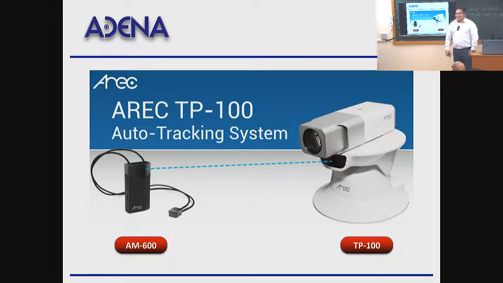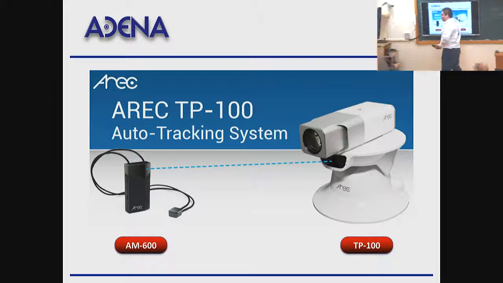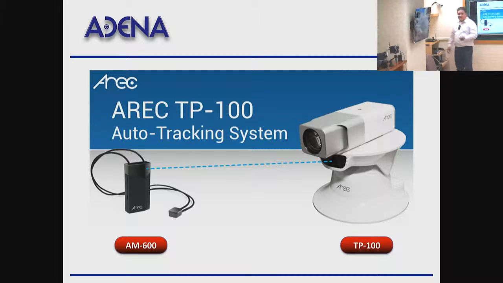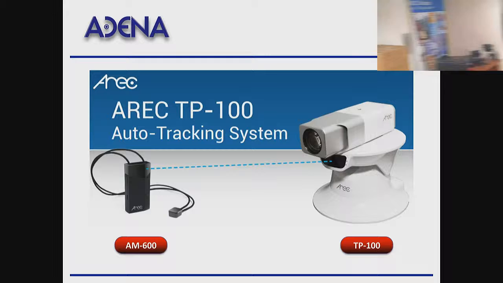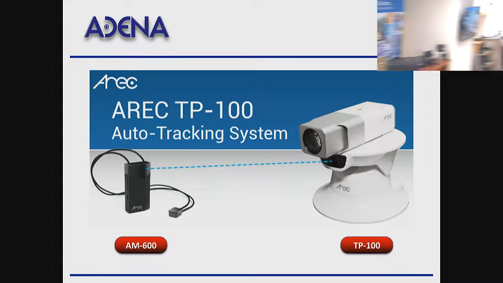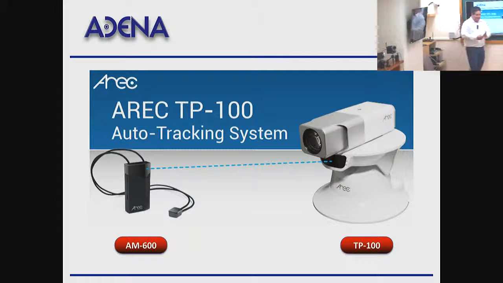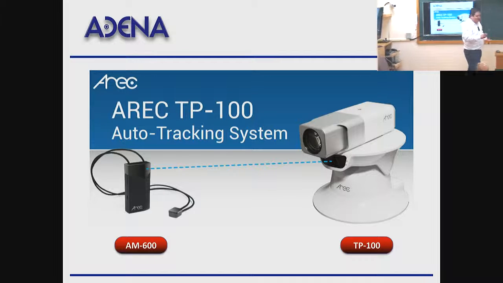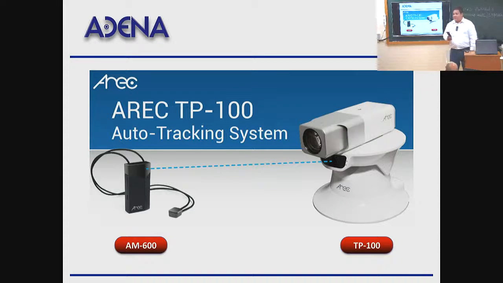So, this is the auto tracking system. It can be controlled automatically via infrared, or it can also be controlled via web interface or via RS485. The integration for RS485 can be Pelco D or Pelco P, according to your needs.